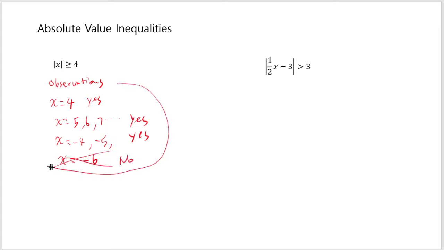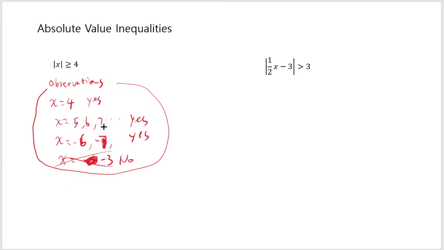So actually, I got it backwards, right? So this should have been -6, -7. Those are okay, right? -6 absolute value is what? +6, which is bigger than 4, right? -7 is good. However, -3 is a no. The absolute value of -3 is +3. 3 is not bigger than +4. Okay.